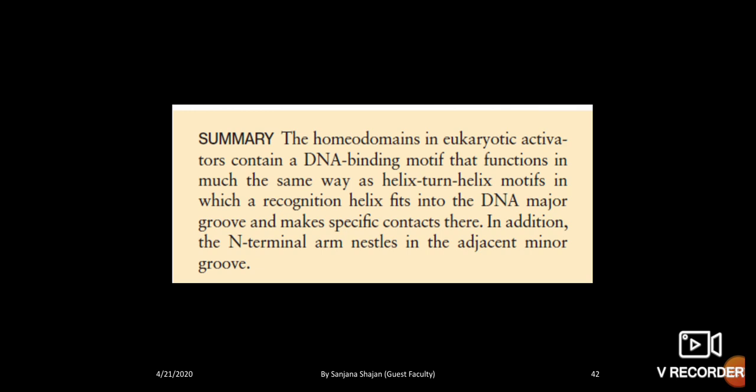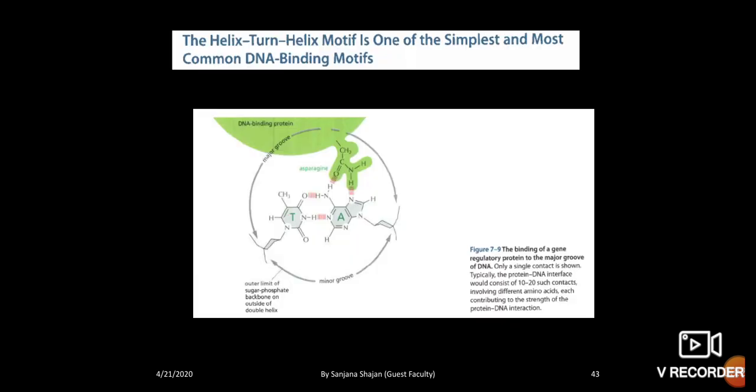Coming to summarize the homeodomains, these are found in the eukaryotic activators. They contain a DNA binding motif which functions in the same way as the helix turn helix motif, and the recognition site will bind to the major groove and make specific contact there, whereas the N terminal will go and bind to the minor groove.